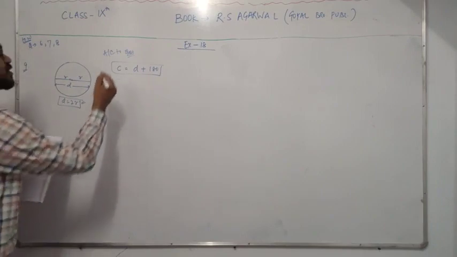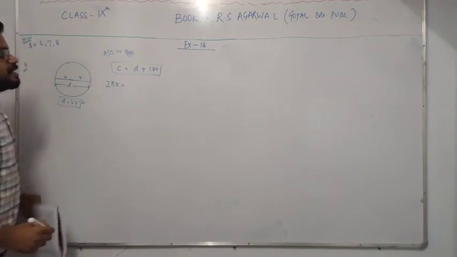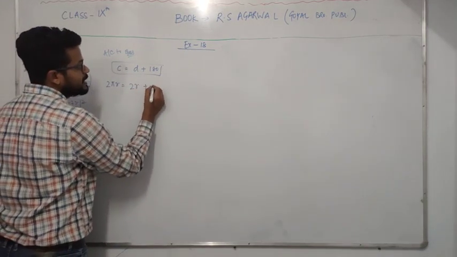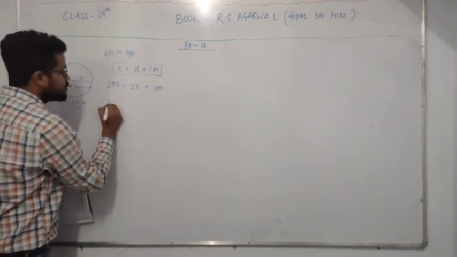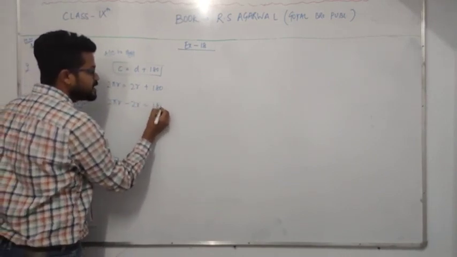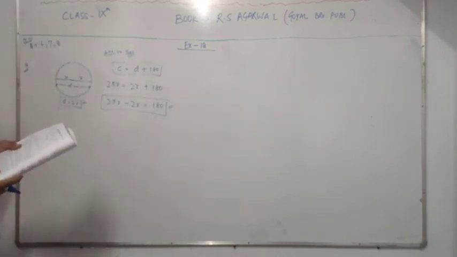So the formula of circumference is what? 2 pi r is equal to D, which is 2r plus 180. So this one is 2 pi r minus 2r is equal to 180. This is simply said in the question.